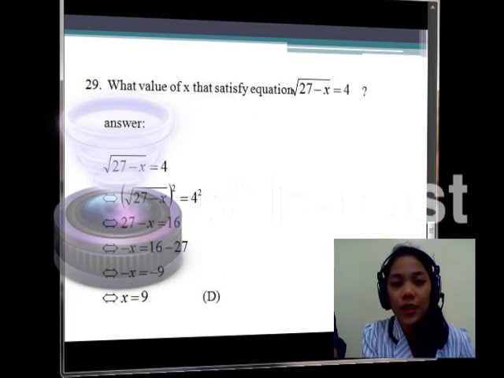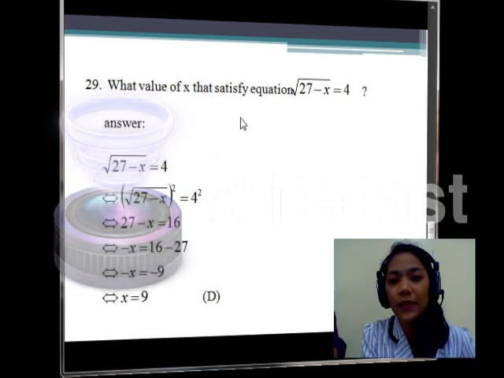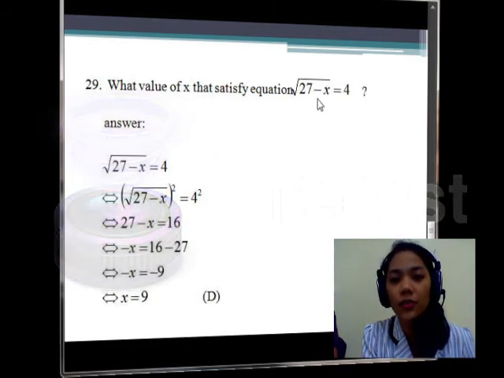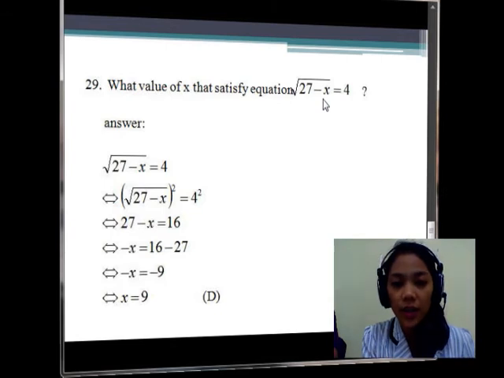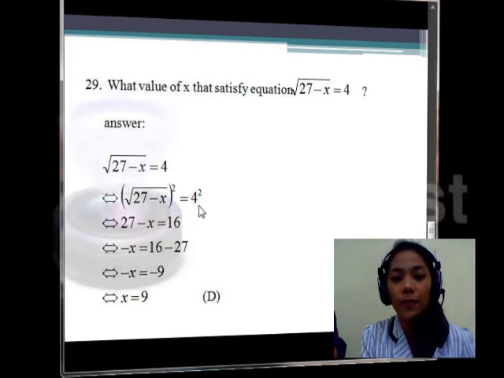Number 8. What value of x satisfies the equation square root of 27 minus x equals 4? So just simply raise both sides of the equation to the second power. So it becomes square root of 27 minus x raised to the power of 2 equals 4 squared.